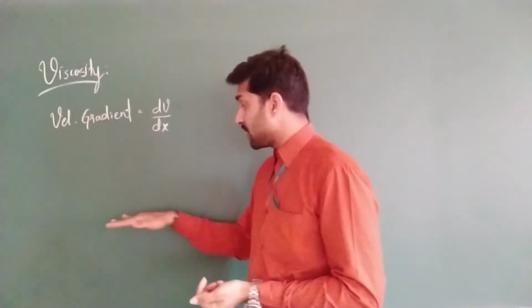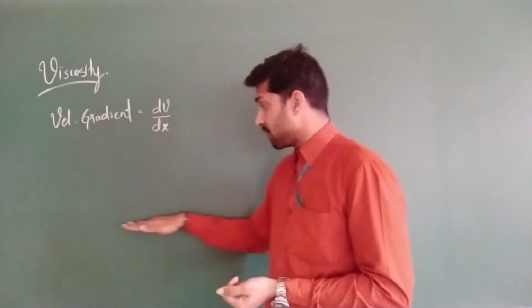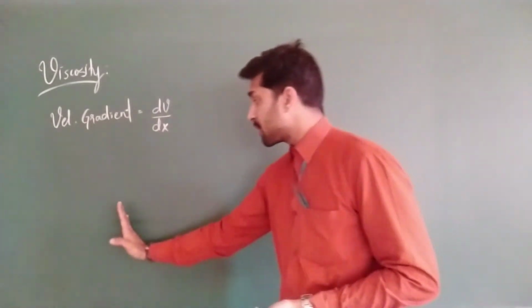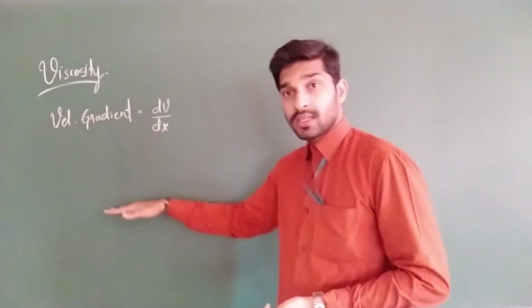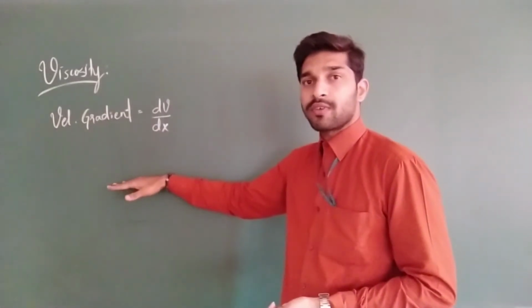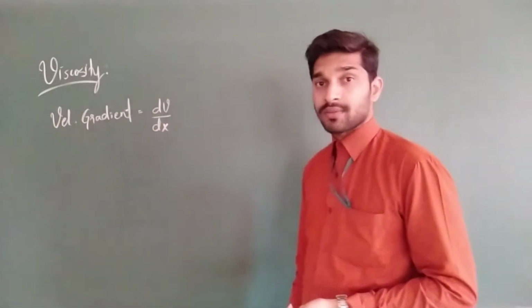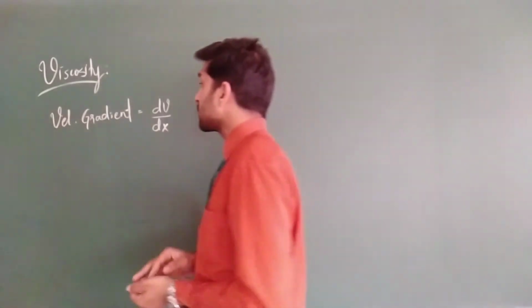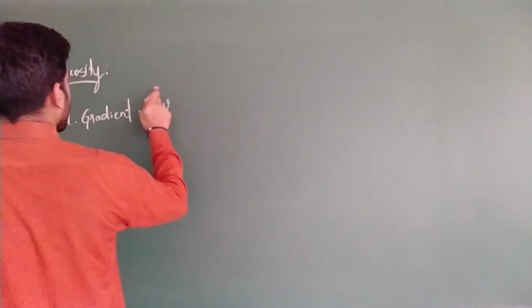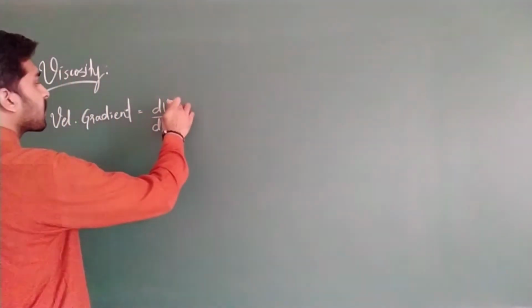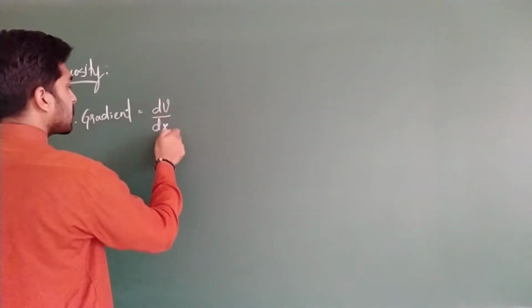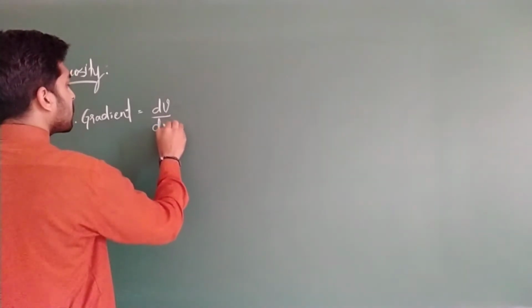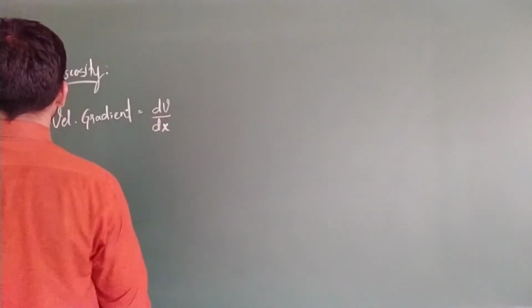Last class I had drawn a diagram: if the liquid is moving in this manner, then perpendicular to this path, step by step, the velocity values were increasing. This is the velocity gradient, the rate of change of velocity with respect to the normal perpendicular direction to the motion of the liquid. Clear?